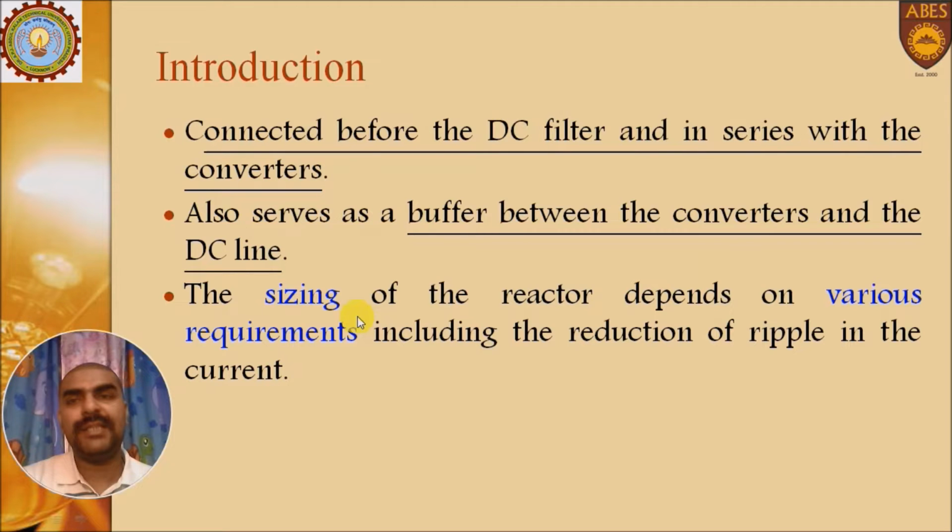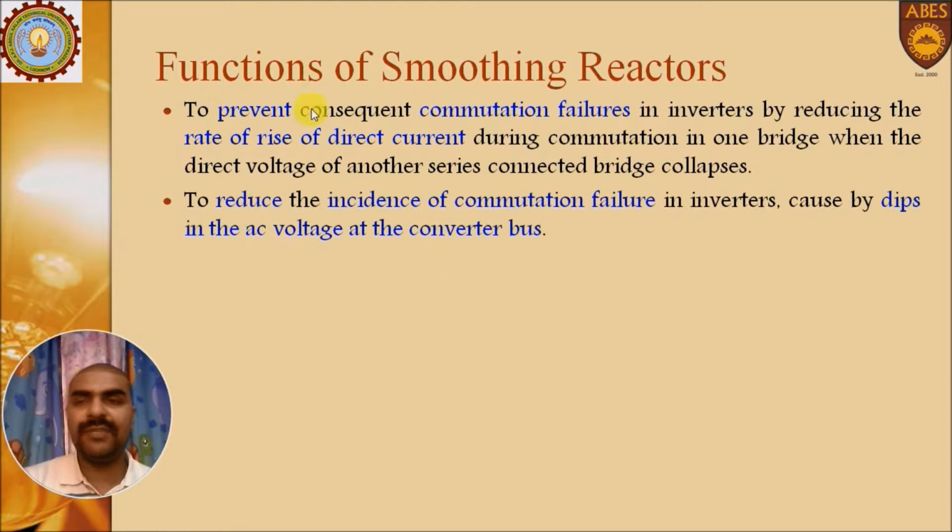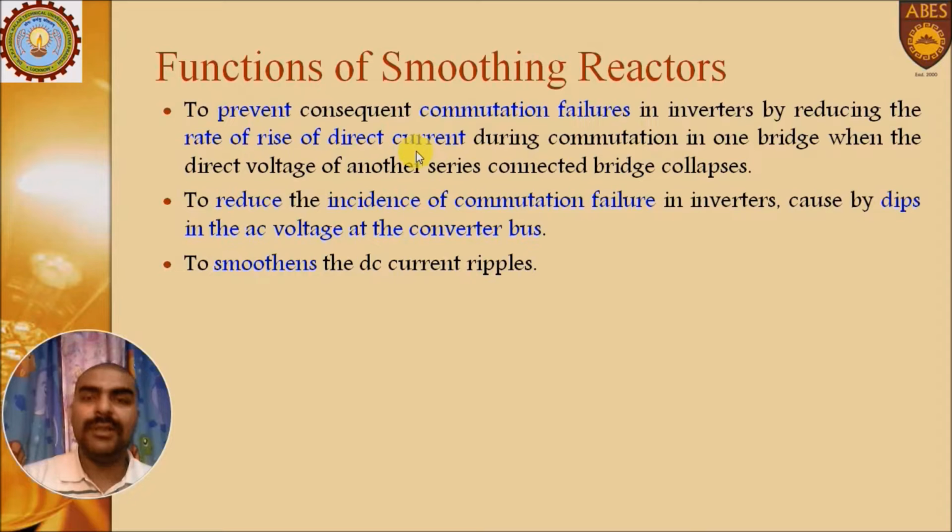Now the functions of a smoothing reactor. The first function: it prevents commutation failures in the inverter, and this prevention is done by reducing the rate of rise of direct current, because of the property of inductance that it opposes the instantaneous change of current.